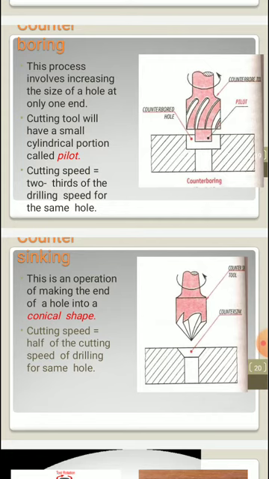So for making a hole into a conical shape, this type of operation is performed, and the tool used for that operation is the countersinking tool.